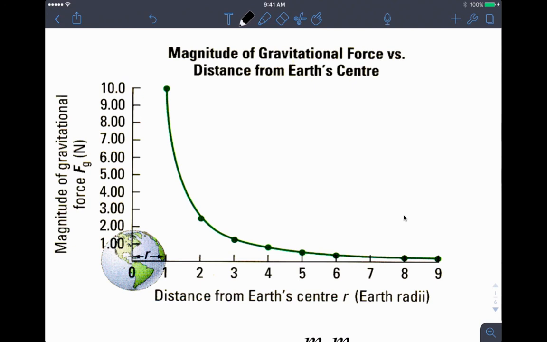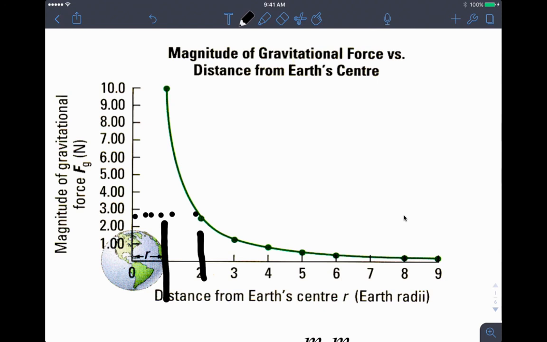So here you can see we're at 1 Earth radii, on the surface of the Earth, and at that distance, we'll say that the force of gravity is 10 newtons. Now, if we were to move twice as far away from the Earth, look what happened to the force. It dropped down to about 2.5.